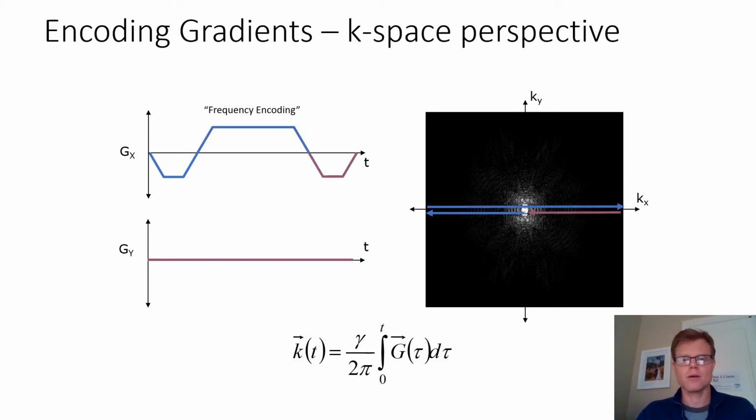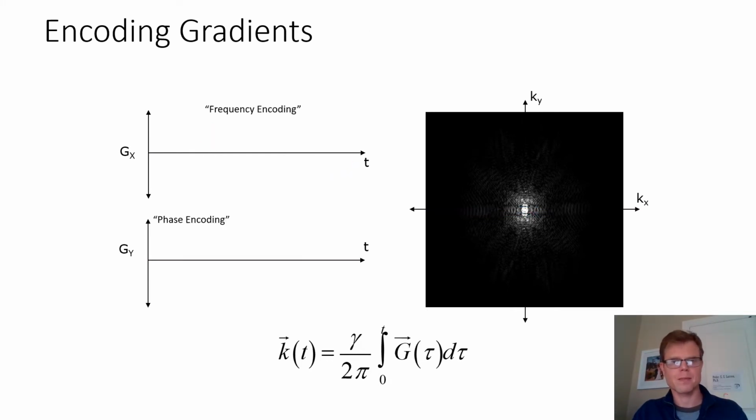And then as an example here, we can also unwind or return to the center of k-space, where we basically removed any of the phase accumulation due to the magnetic field gradients. So this is the k-space perspective for our frequency encoding experiment.